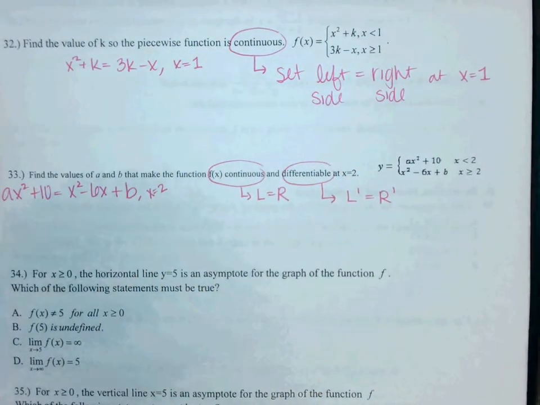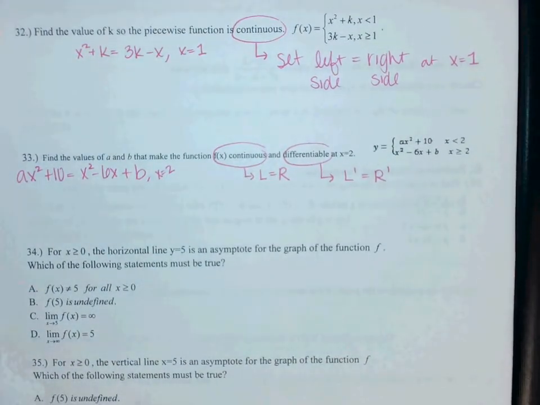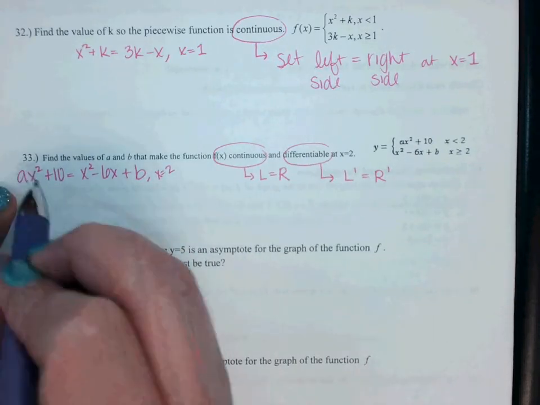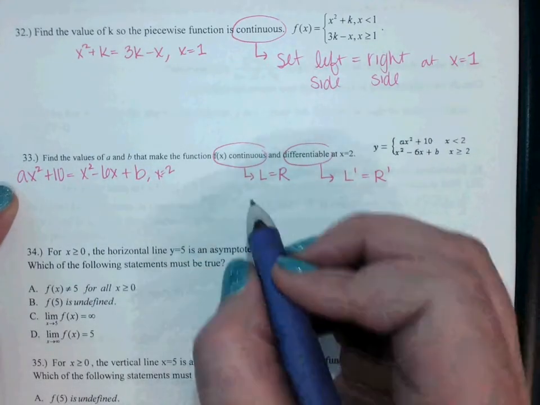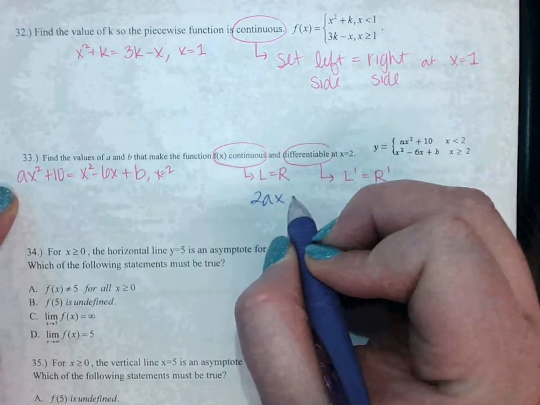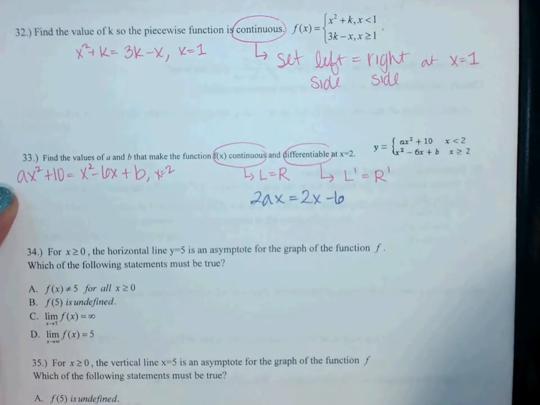Okay, from there, I'm going to let the derivatives also be equal. What is the derivative of ax squared plus 10? 2ax plus 0. Okay, good. Other side? 2x minus 6. What about the b? It is gone. It's a constant, so it's gone. Good job.